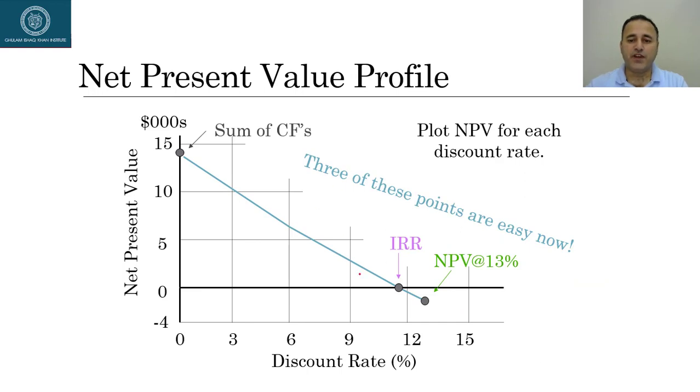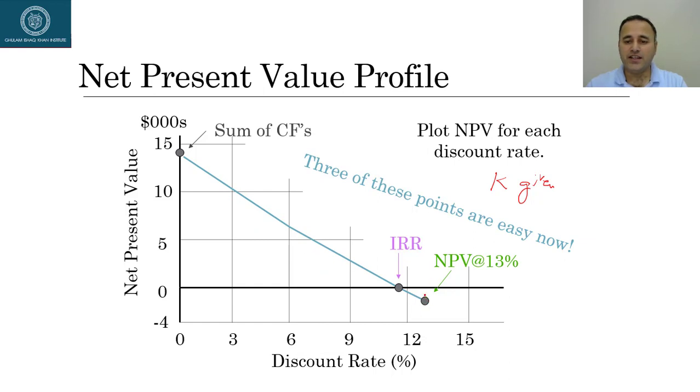Now, net present value, as I said, this K is given, and then we calculate the net present value. So if I plot all the numbers for different discount rates, we get this line.